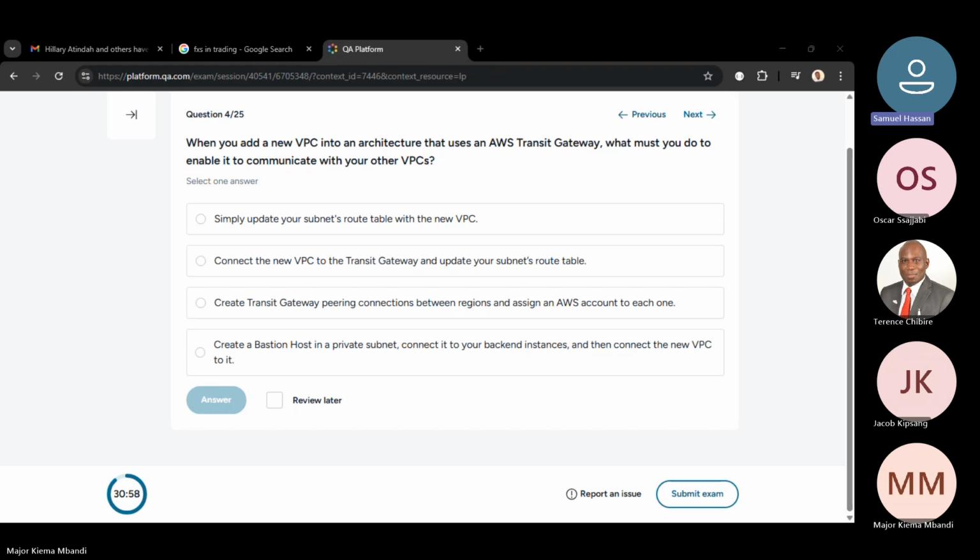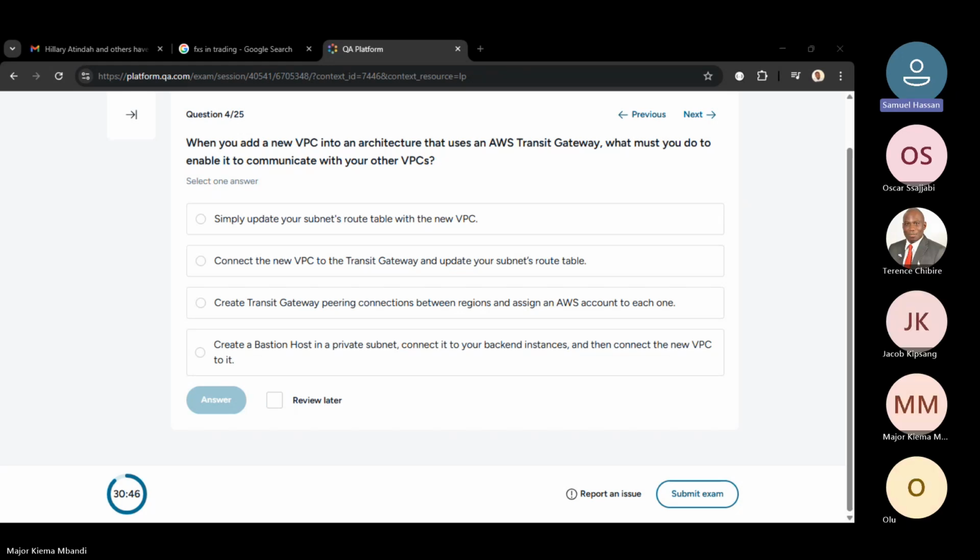When you add a new VPC into an architecture that uses an AWS transit gateway, what must you do to enable it to communicate with your other VPC? A. Simply update your subnet route table with the new VPC.